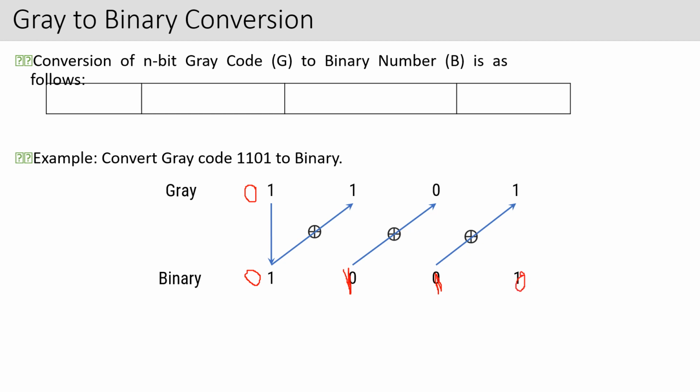This is the thing you'll have to repeat. Okay, I'm again repeating. See here, suppose you are having something of this sort. Suppose the gray code was 0 1 0 1. Then what I'll have to do? I'll have to write the first bit as it is. So this is 0, means I will write here 0.